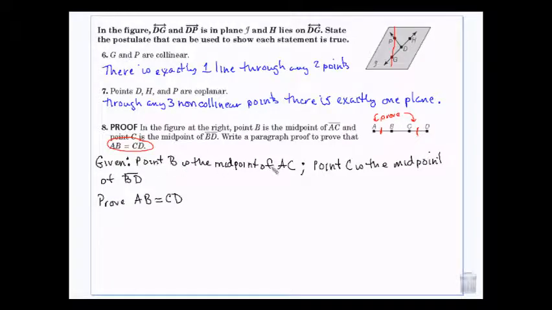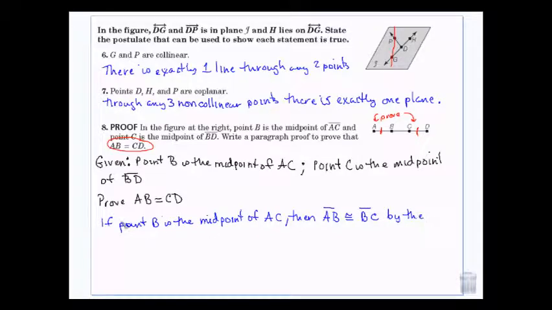What we have is point B is the midpoint of AC. Okay, what does that tell us? We have that new midpoint theorem we can use, right? So then I can say AB is congruent to BC by the midpoint theorem. That's our first given, and that's what it means.